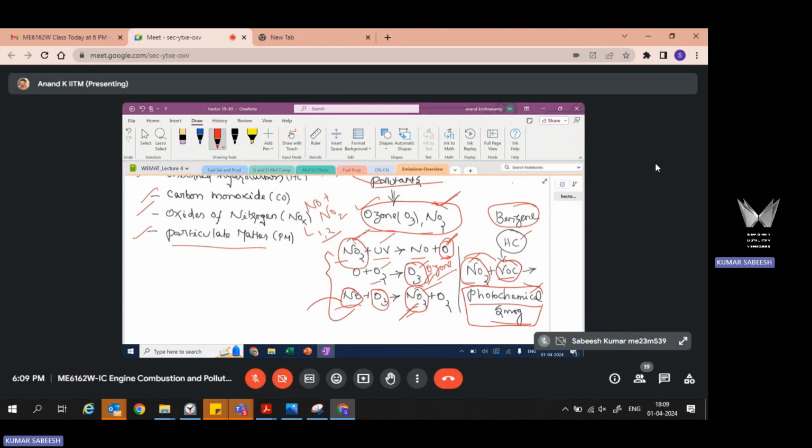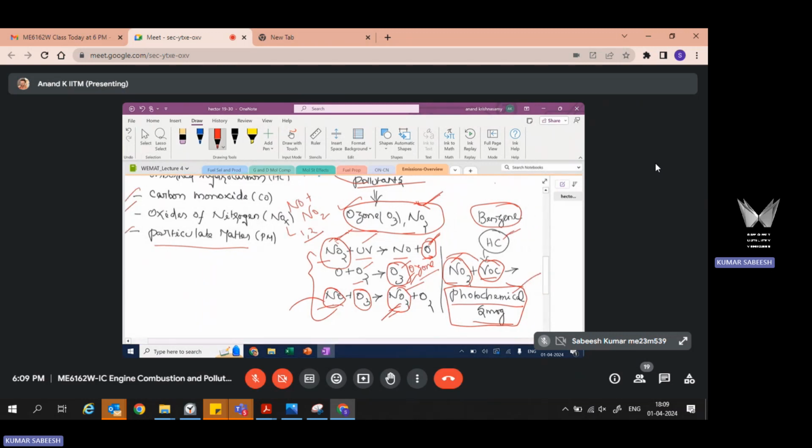And then there is NO2 in the presence of volatile organic compounds. Volatile organic compound is unburnt hydrocarbon, a complex of more than 100 species, any partially oxidized fuel. We discussed in chapter 1 the diesel and gasoline molecular composition; they are complex multi-component mixtures.